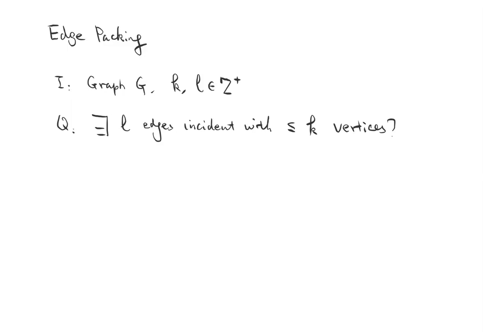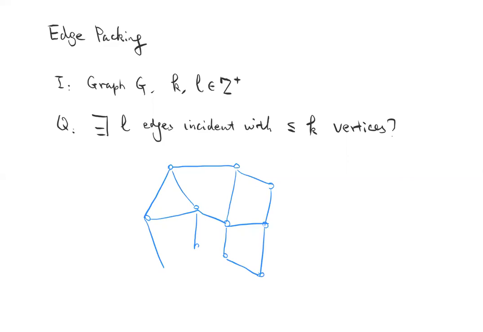Let me give you an example. For example, maybe L equals 4. I want to put 4 edges inside this graph using the minimum number of vertices.